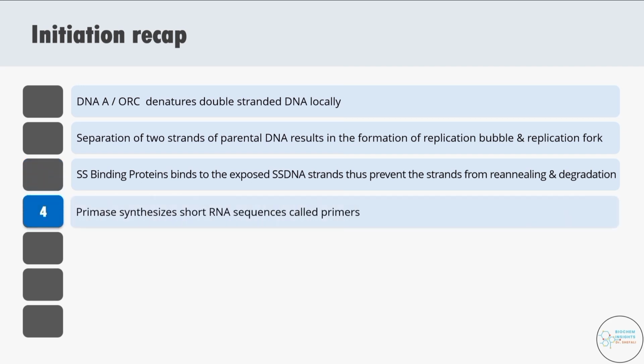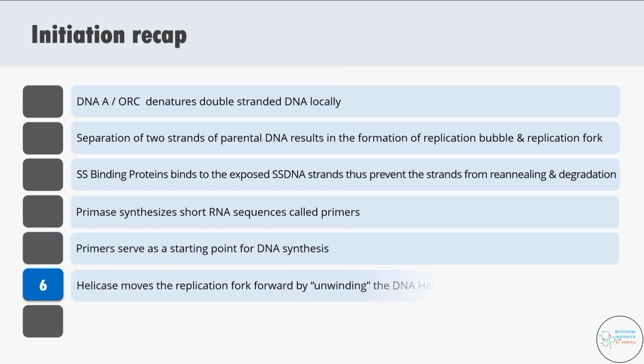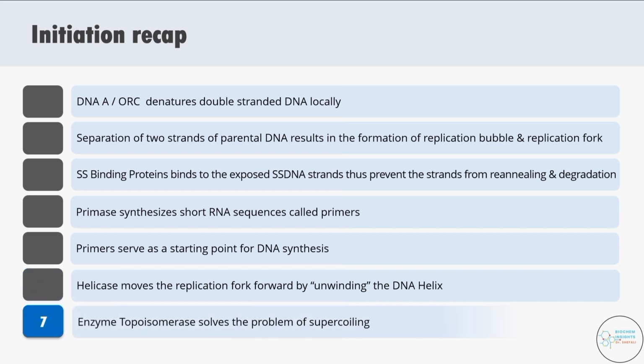Primase synthesizes short stretches of RNA sequences called primers. Primers serve as a starting point for DNA synthesis. Helicase moves the replication fork forward by unwinding the DNA helix, and enzyme topoisomerase solves the problem of supercoiling.